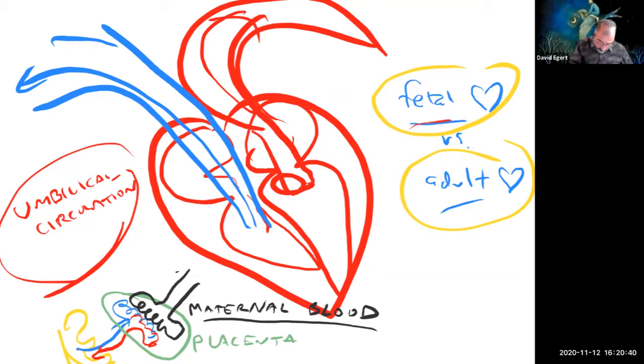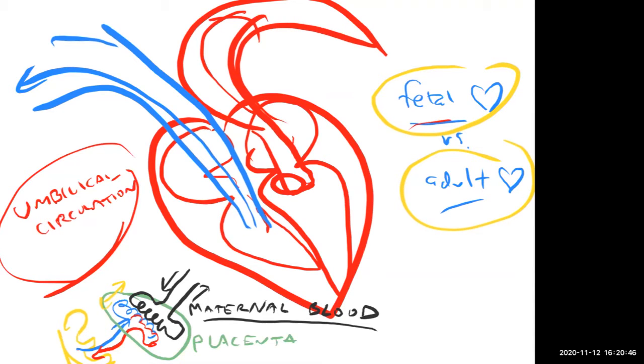Right, so the maternal blood is coming in, and we can have an exchange of oxygen, nutrients and wastes between the fetal circulatory system and the maternal circulatory system. The blood doesn't mix, but you can exchange materials. So this is where the fetus is getting oxygen, because the fetus isn't breathing.